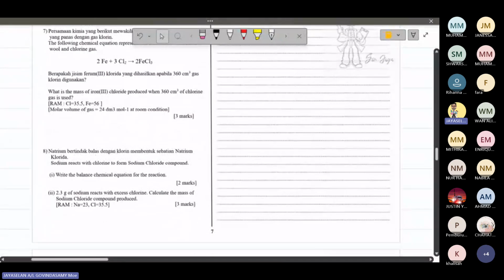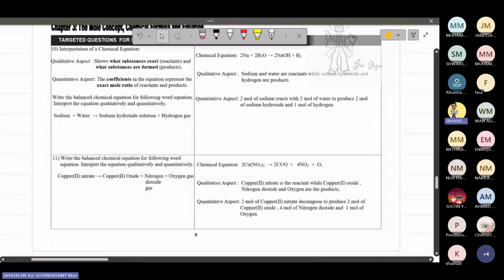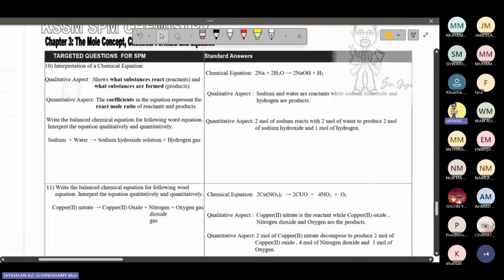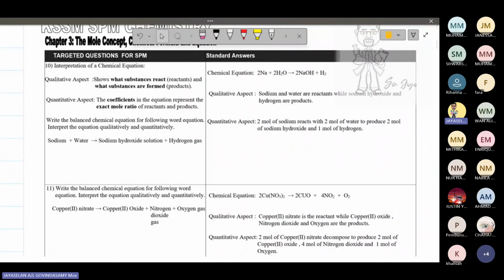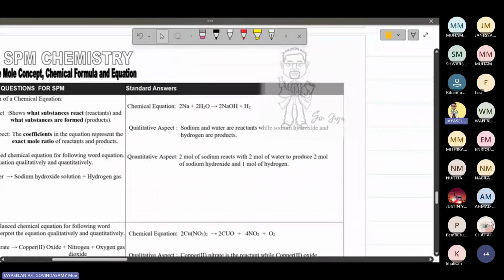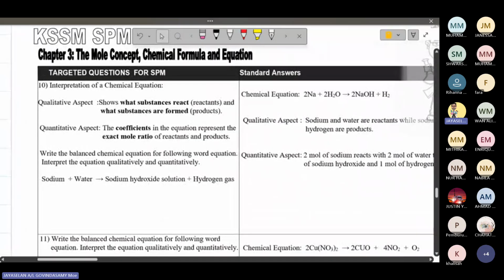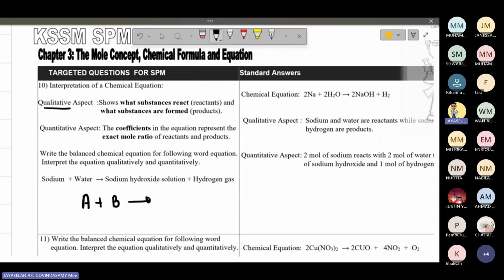Okay guys, now before I go for stoichiometry, saya nak kamu tengok page number 9. How to study the equation qualitatively and quantitatively. I do the first one. Qualitative means you look at the equation: A plus B gives C plus D. Here we have the reactants, and this one is called the product.